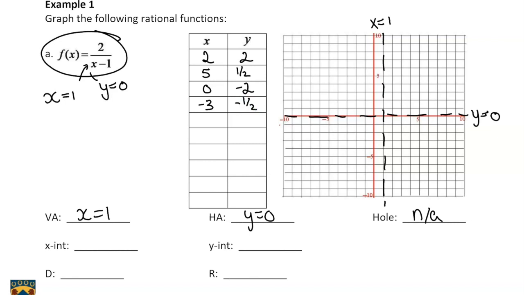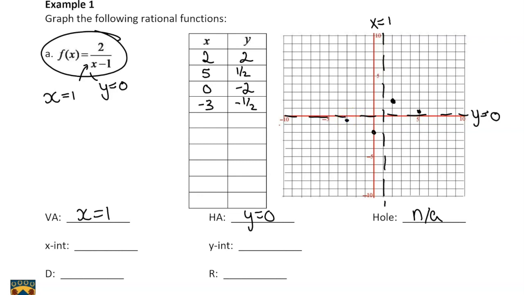Let's graph these points. We get (2, 2), (5, 1/2), (0, -2), and (-3, -1/2).